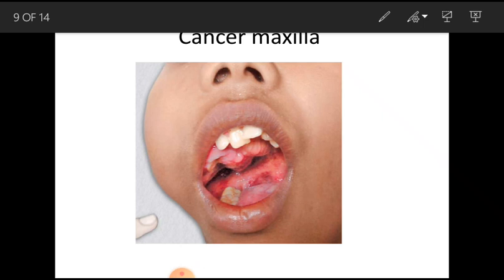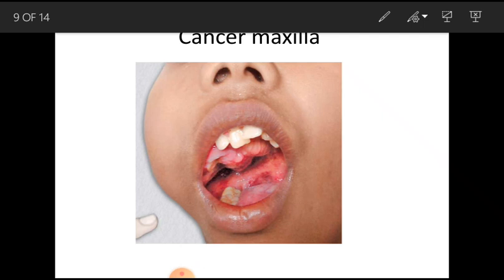Again, cancer maxilla is a cancer arising from the mucous lining of the maxilla. It may be adenocarcinoma in the antrum, or squamous cell carcinoma in the palate, gum, teeth, and stalk. It usually presents as a fungating mass, and spreads directly, by blood, or by lymphatics. Complications are mainly due to encroachment of the adjacent structures.